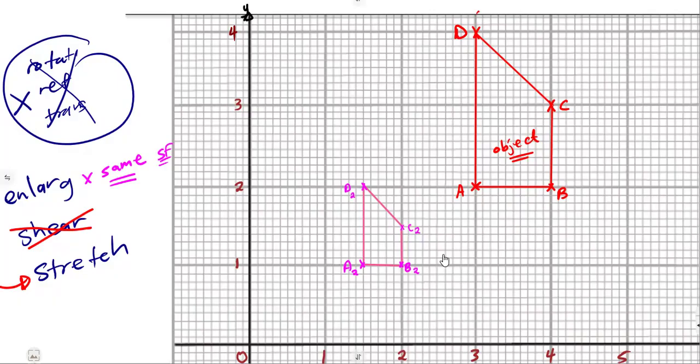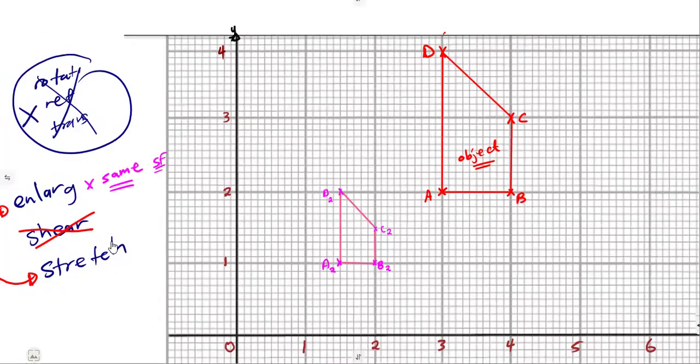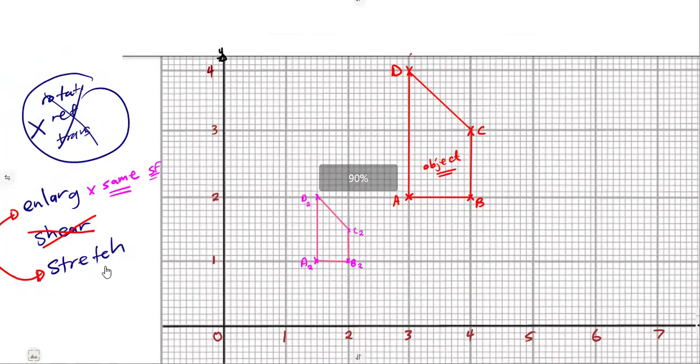This is exam. Before you test for stretch, always start with enlargement. When enlargement fails, you know that the answer is stretch. Yes, there are ways that you're going to check for stretch to be actually sure that this is truly a stretch.